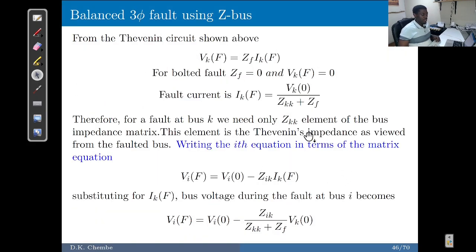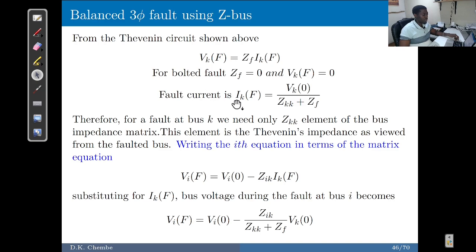So from the Thevenin circuit, we are able to determine that our VKF is simply ZF multiplied by IKF. For the bolted fault, ZF is equal to 0 and VKF is going to be equal to 0. Okay?